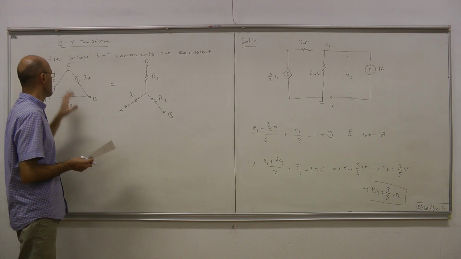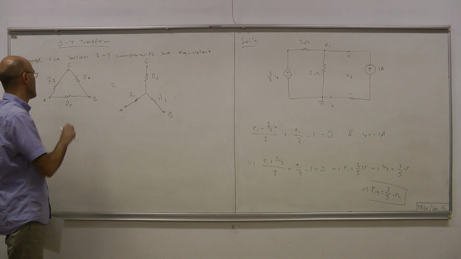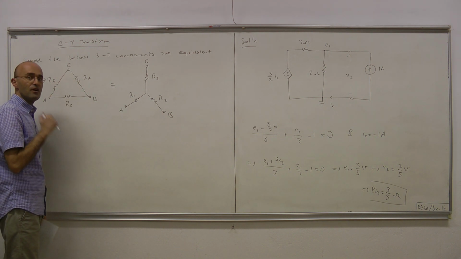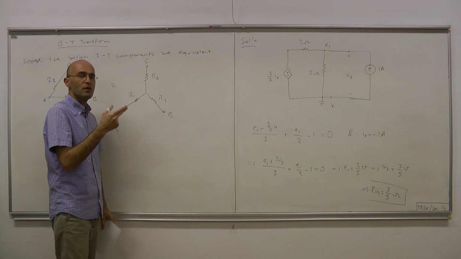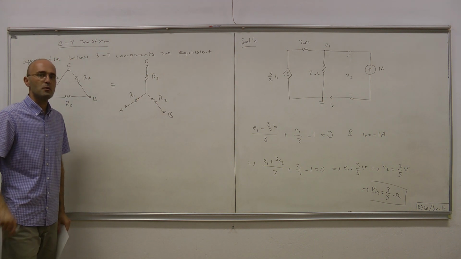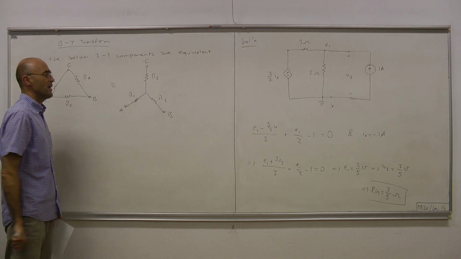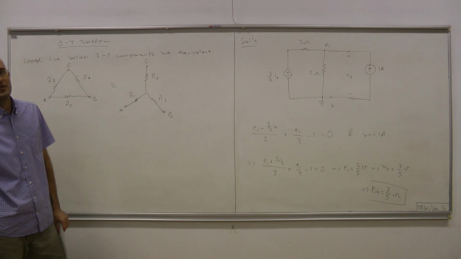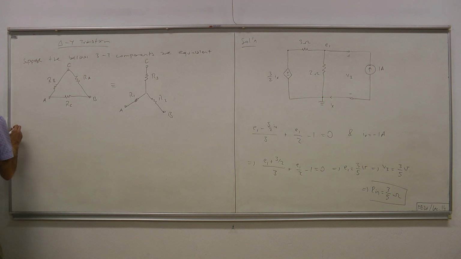Now the question is, if this is equivalent to that, clearly there must be some relation between this set of resistances here, RA, RB, RC, and this set of resistances here, R1, R2, R3. And what we will try to do is discover that relation between this set of resistors and that set of resistances. So that's the problem that we will try to solve.